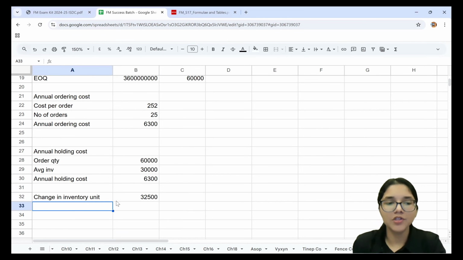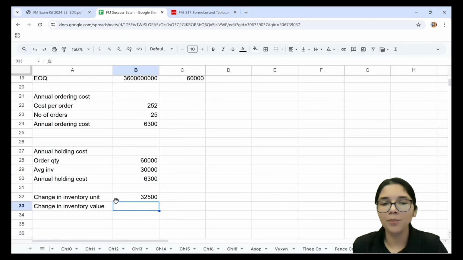Now, if I talk about the change in inventory value, this is the number of units. And how much does one unit of inventory cost you? It was given to you in the question. $14 was the purchase price, right?